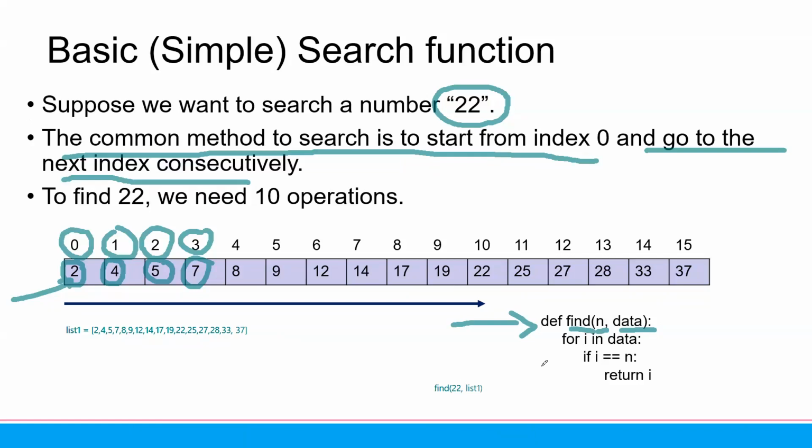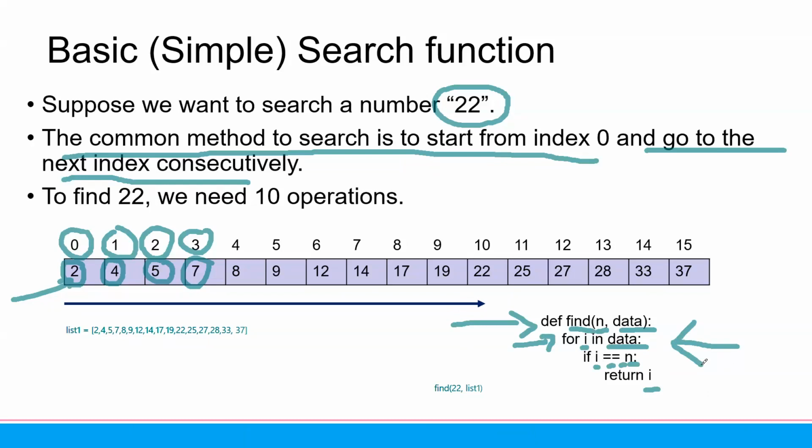Here we can do the for loop. For every i in the data, let's check if i equals n, then return i. It means I just want to return the value, I didn't return the index.